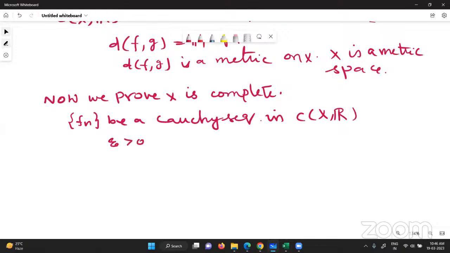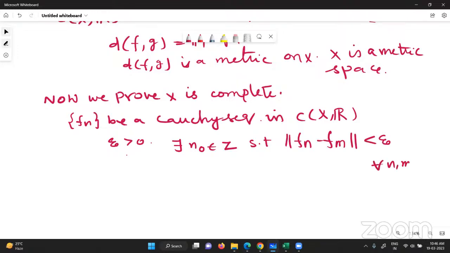For this, let epsilon be greater than 0. Write the definition of a Cauchy sequence. For this given epsilon, there exists a positive integer n0 such that norm Fn minus Fm is less than epsilon for all n, m greater than or equal to n0.